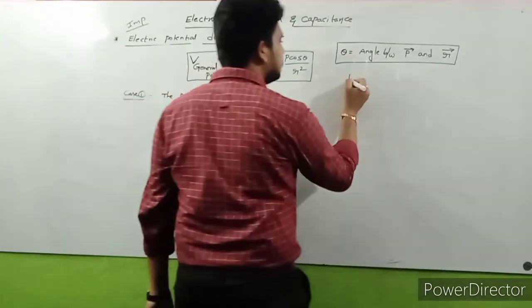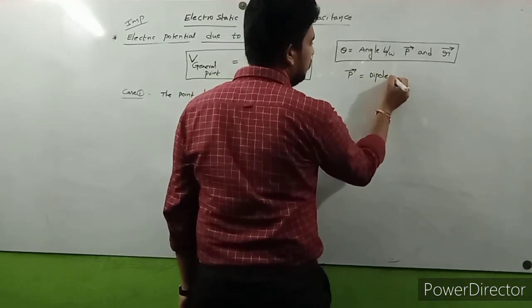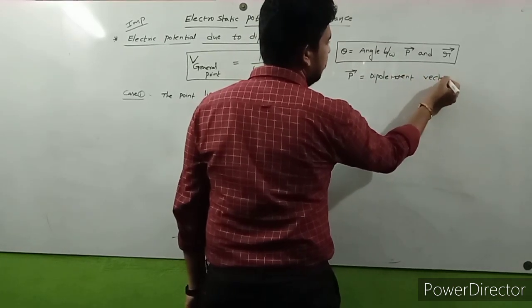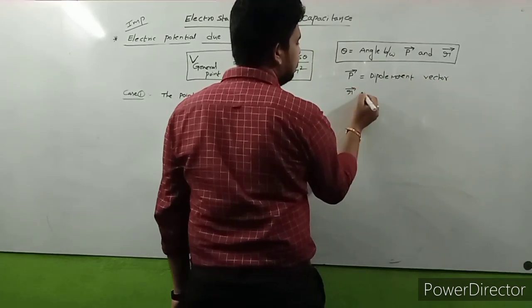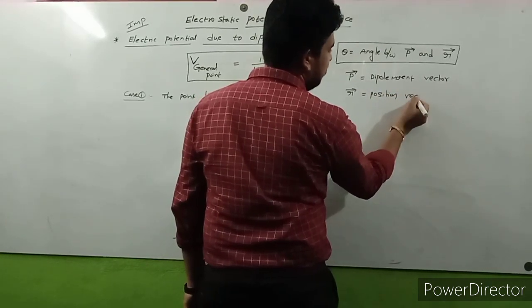P bar means the dipole moment vector, and R bar is the position vector.